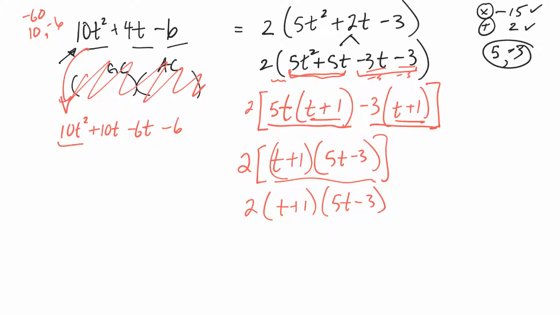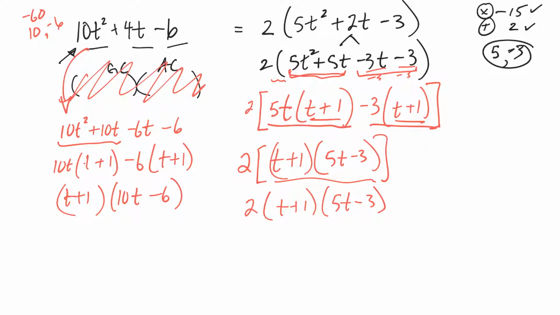Out of these first two, factor 10t, and I'm left with a t plus 1. And then out of these, let's factor out a negative 6, left with t plus 1. And then I'll have t plus 1 and 10t minus 6.